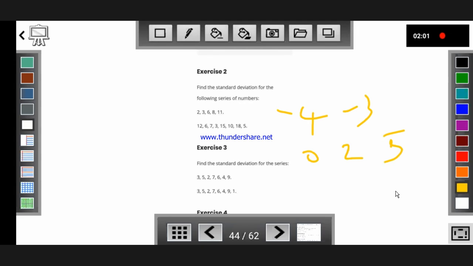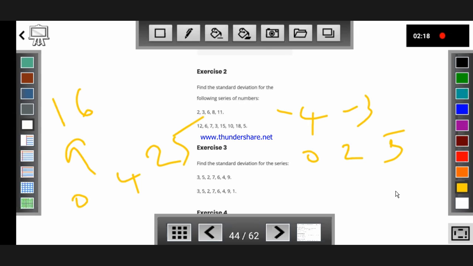After that we want to square these values. While squaring we will get 16, 9, 0, 4 and 25. After getting these values, we want to take the mean again.